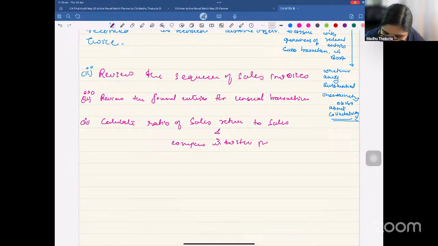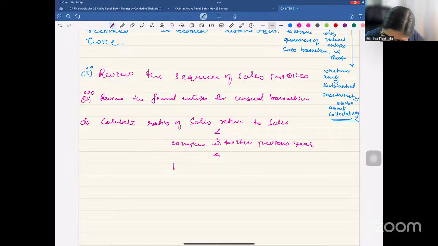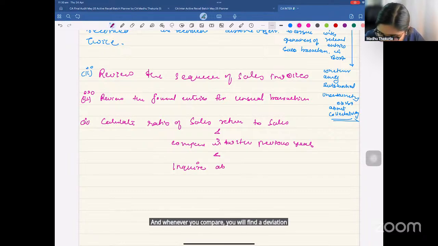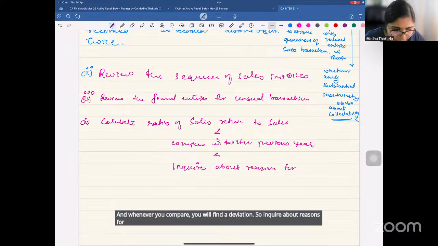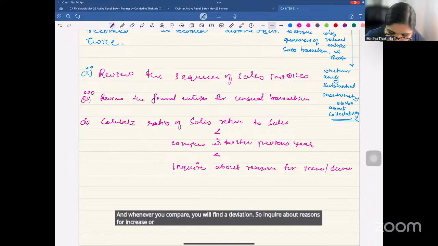Compare it with previous year. Whenever you compare, you will find a deviation, so inquire about the reasons for the increase or decrease.